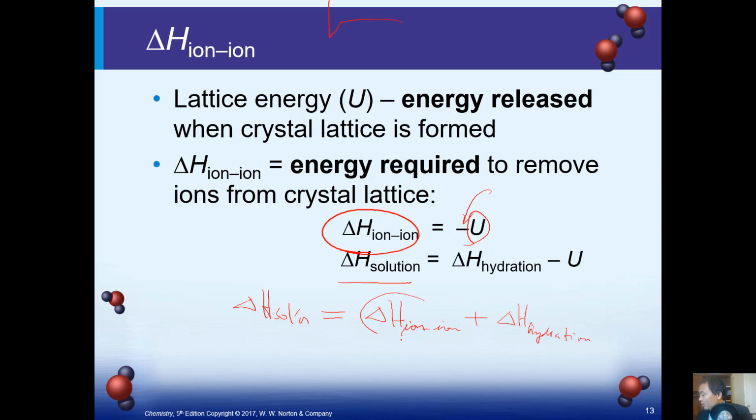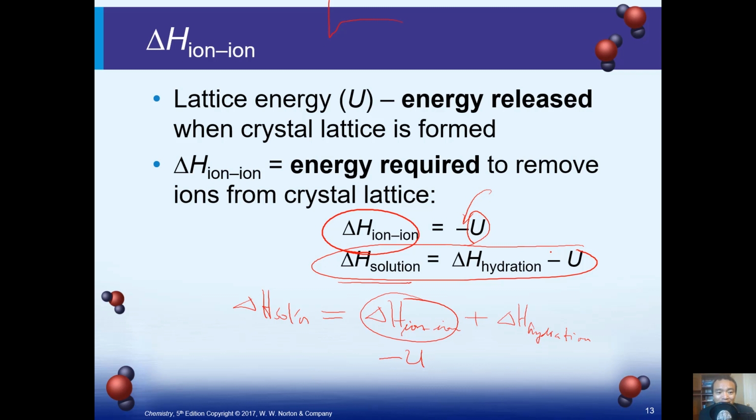So remember, this delta H for ion-ion can be written as negative U, or lattice energy. So when you rewrite it, that's why you have equations over here. Basically, this last equation relates the lattice energy with the delta H for the whole solution.